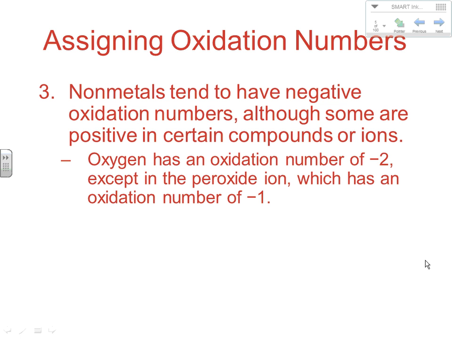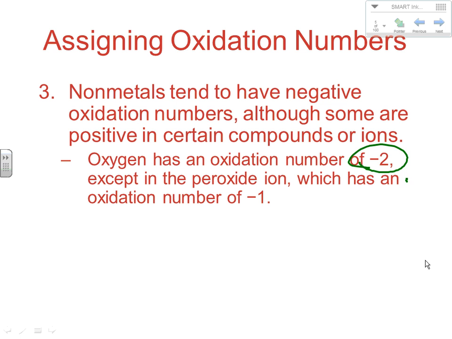Nonmetals tend to have negative oxidation numbers, although some are positive in certain compounds. Nonmetals tend to grab electrons, so they're going to have a negative charge as they pick up electrons. A very common nonmetal is oxygen. Oxygen has an oxidation number of -2, and that's what it is in almost every single case that we look at.